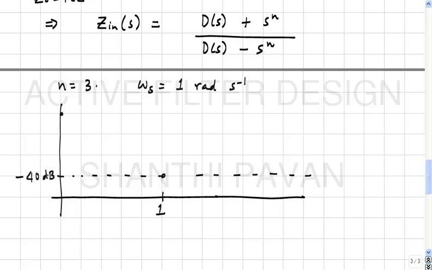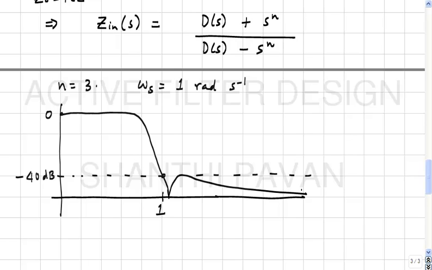Okay, this is all plotted on the log plot. So at DC it will be 0 dB, and we know that we will eventually scale this down by a factor of half. So the normalized magnitude response will look something like this.